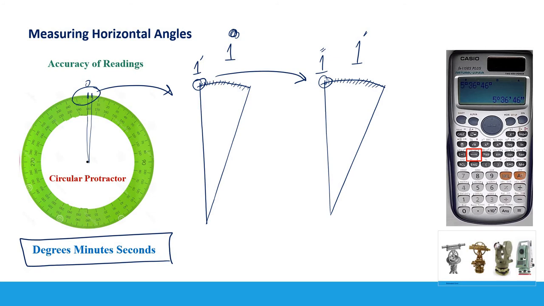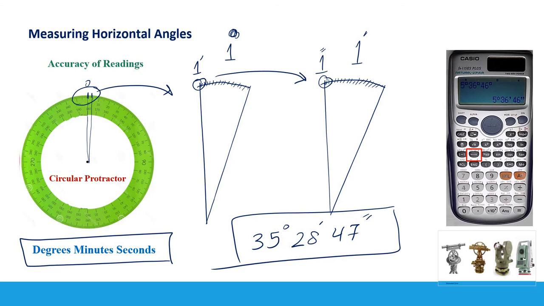So if you measure any angle, you will write it in this format, for example 35 degrees, 28 minutes, and then for example 47 seconds. So guys, if you have a decimal degrees number, for example 27.365103, this is a decimal degree.